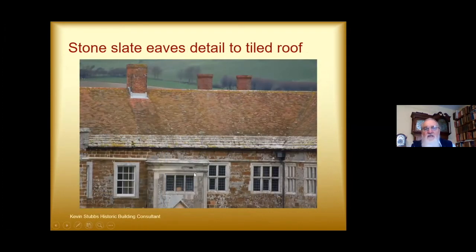In some areas, particularly from the 18th century onwards, it became a tradition to use the large format stone slates at the eaves area, a few courses of those, to take the majority of the runoff, with smaller format material like tile above.